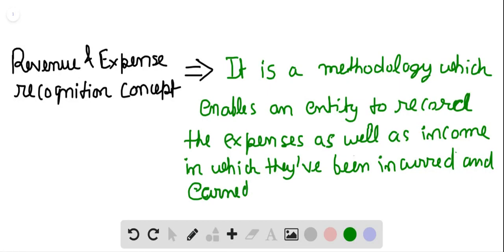Okay, so we will understand this concept through a very simple example. However, you can write this down in your notebooks for future reference.